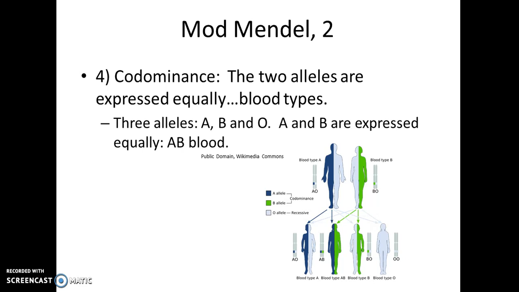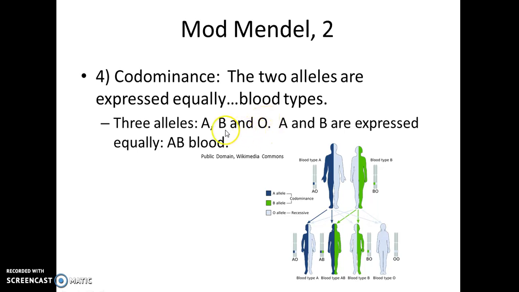Codominance. Hopefully we've talked about this when we did that law of segregation assignment. In codominance, two alleles are expressed equally, and that's blood type. There are three alleles in blood types: A, B, and O. A codes for the A protein, B codes for the B protein, O codes for nothing.